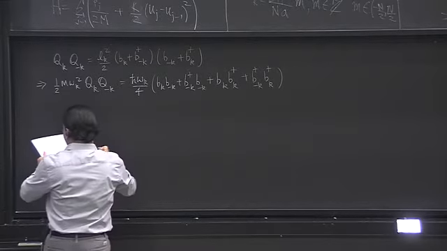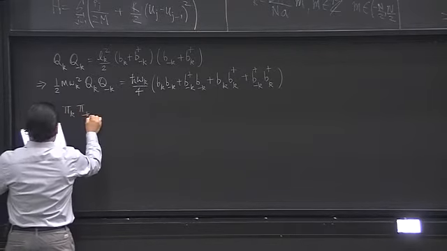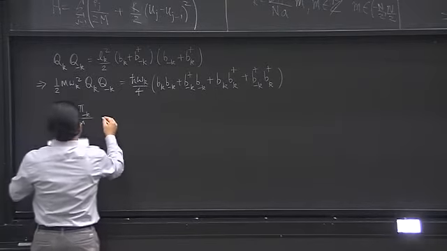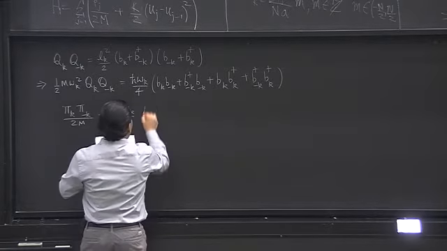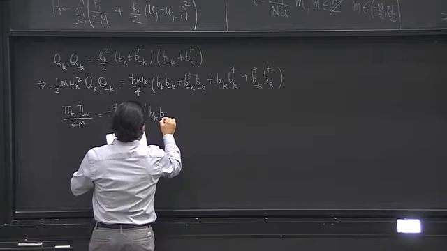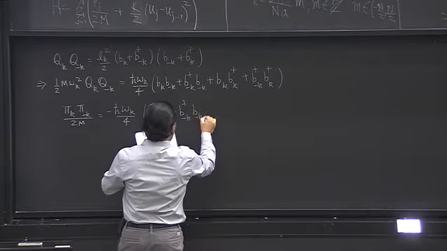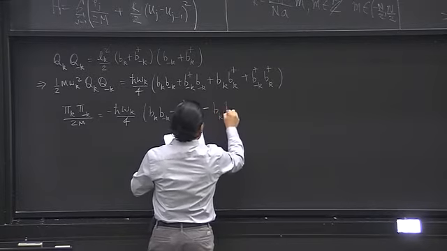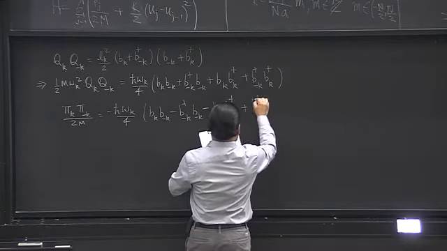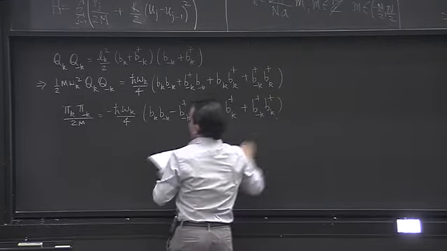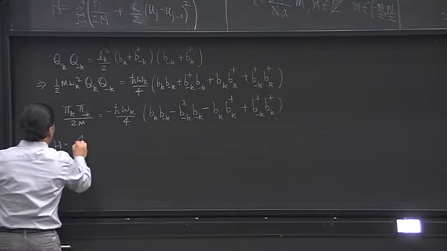Similarly, you can do the same calculation and show that pi of k and pi of minus k over 2m will be written as minus h bar omega_k over 4 times b of k, b of minus k, minus b minus k dagger, b minus k. When you add everything, you can show that the total Hamiltonian becomes a sum over k.